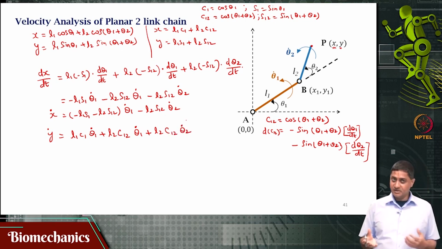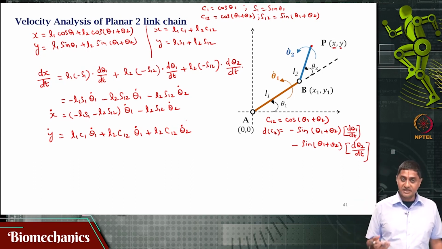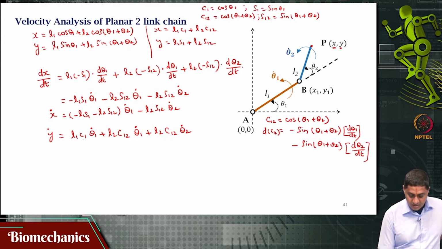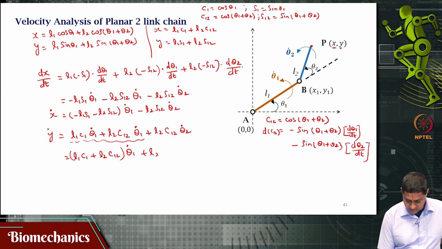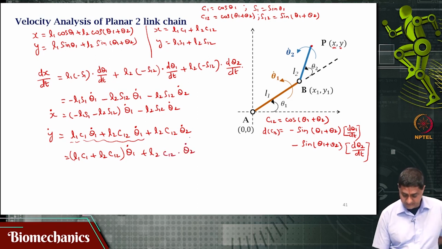Why? Because there are two thetas, and using the chain rule I get theta 1 dot and theta 2 dot. Now, theta 1 dot is common, so I can take this as L1 C1 plus L2 C12 times theta 1 dot plus L2 C12 times theta 2 dot.